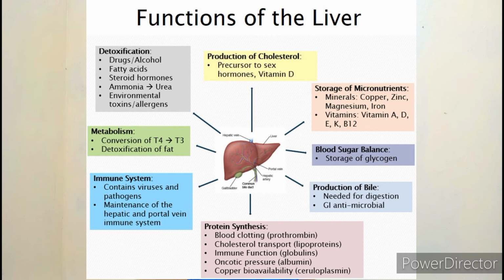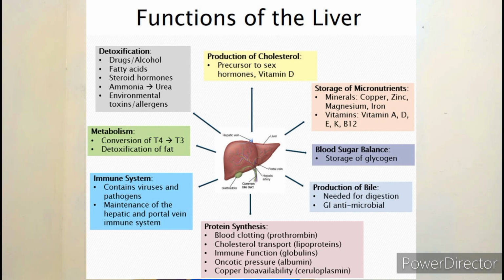This fluid helps to break down fat. Another thing the liver does is combat infections and other particles that affect the human body. The liver also carries out a storing process: it stores ions, minerals, and vitamins. That is what makes the liver so important.